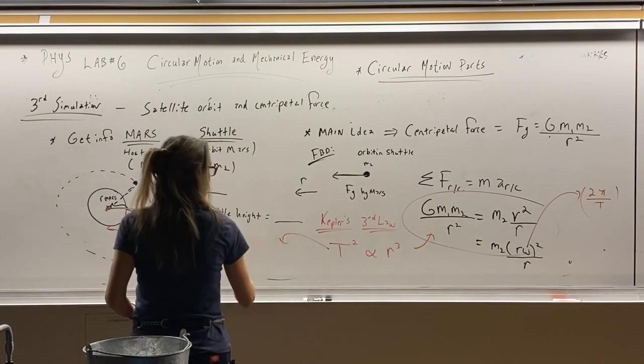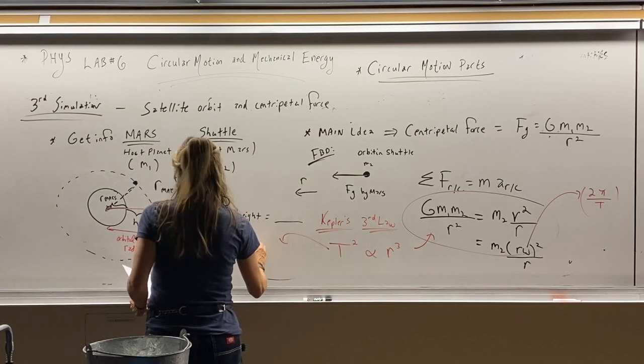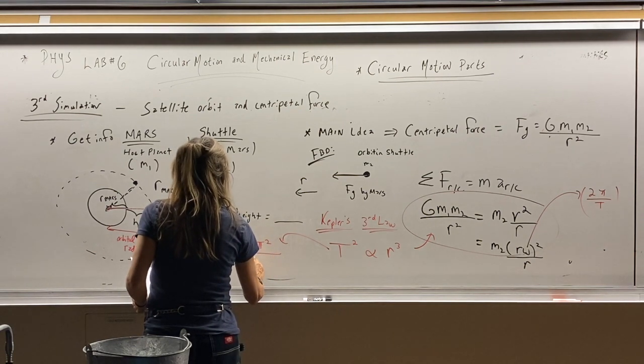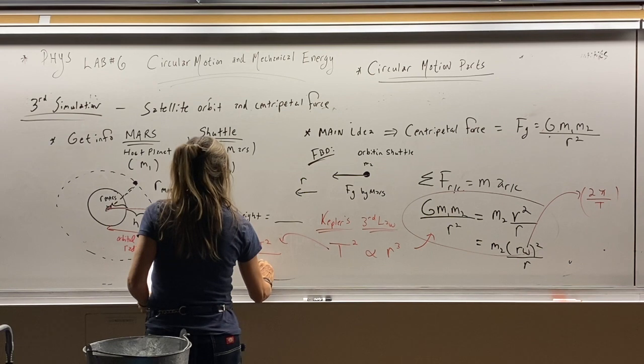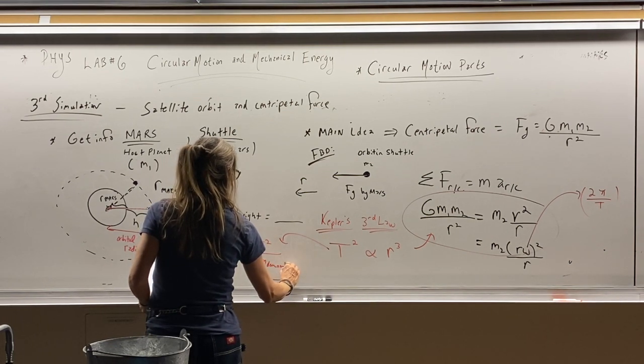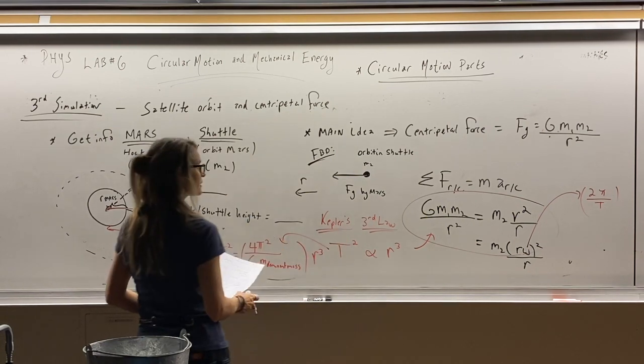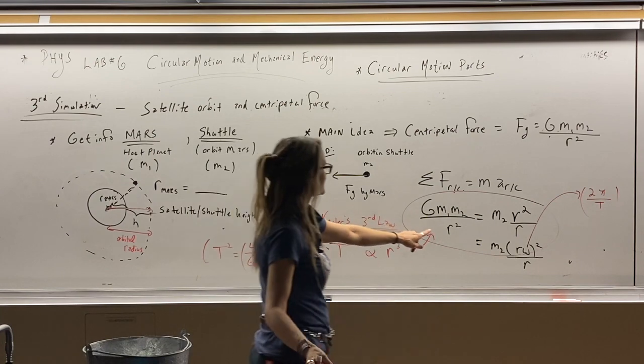T squared is going to be 4 pi squared over G, and that's the mass of the dominant mass, whatever's making it orbit, r cubed.